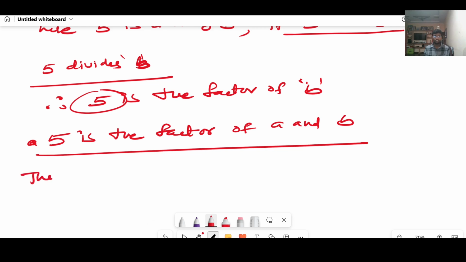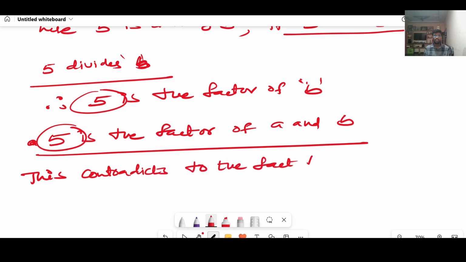But this contradicts. It is opposite to the fact that a comma b have highest common factor as 1. Why? Because here we got factor 5 as the factor for a comma b, that is, 5 is more than 1, right? Therefore this contradicts the fact that a comma b are co-prime, right?